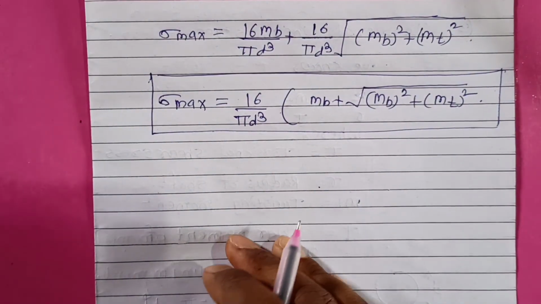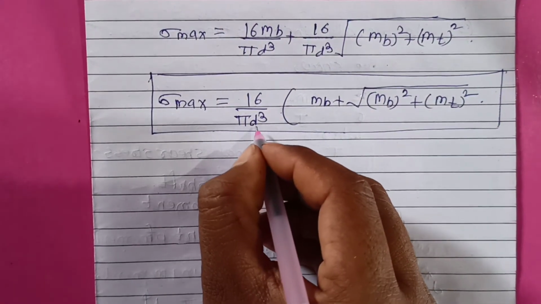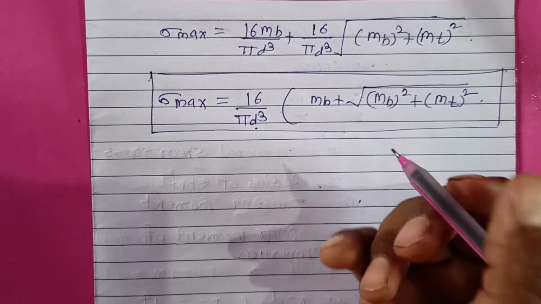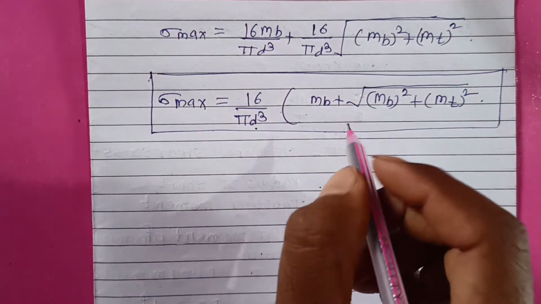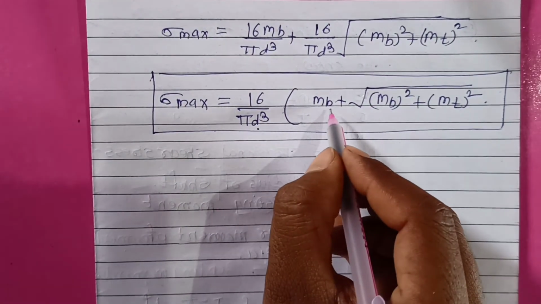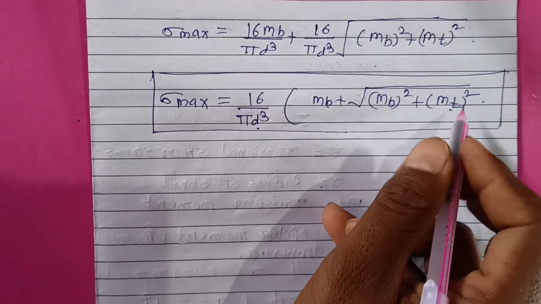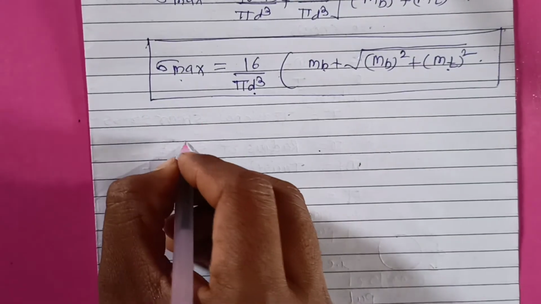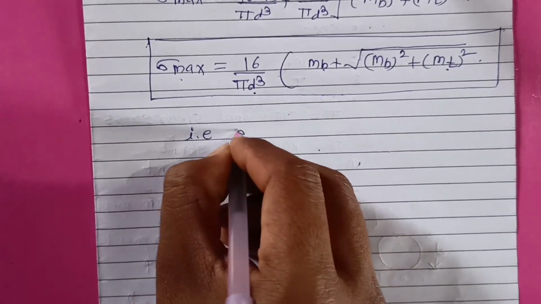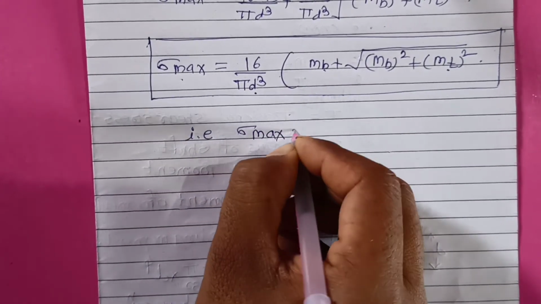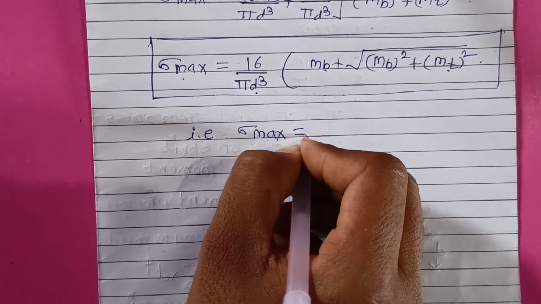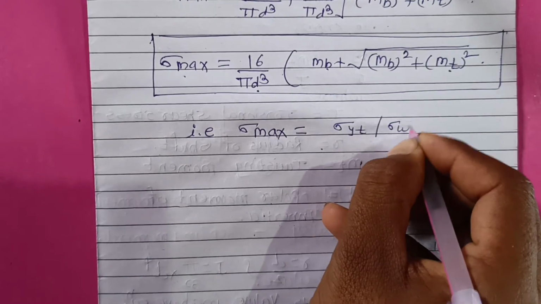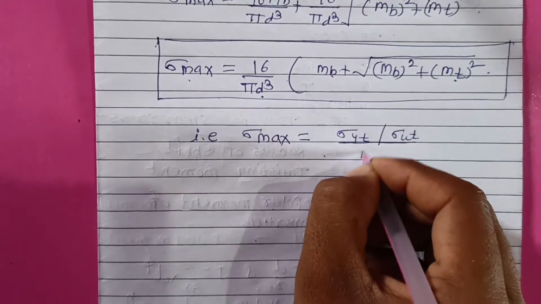Now in this formula we calculate d. D is nothing but the diameter of the shaft. The values are given in the problem, and based on this problem we calculate mb, mt and also sigma max. If sigma max is not given in the problem, then to calculate it, another formula is sigma max equals sigma yt or sigma ut divided by fs.